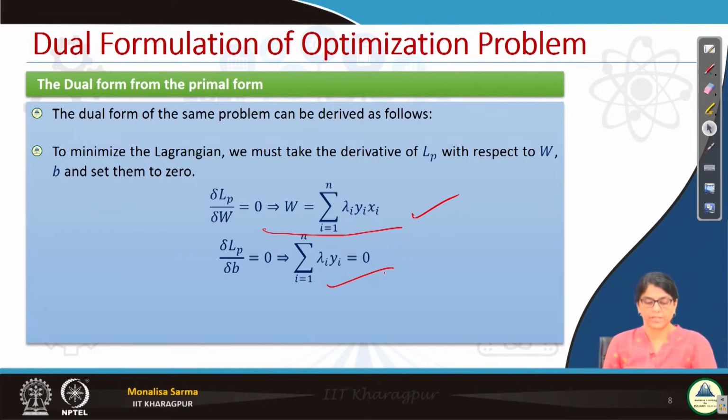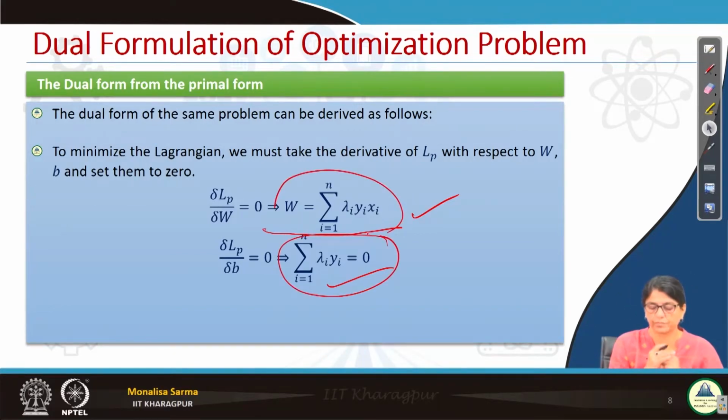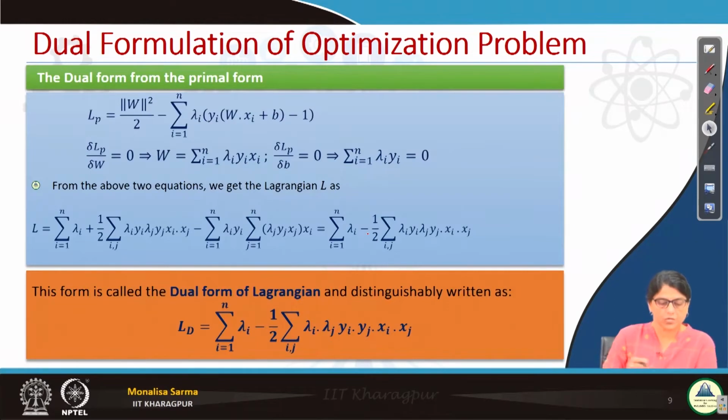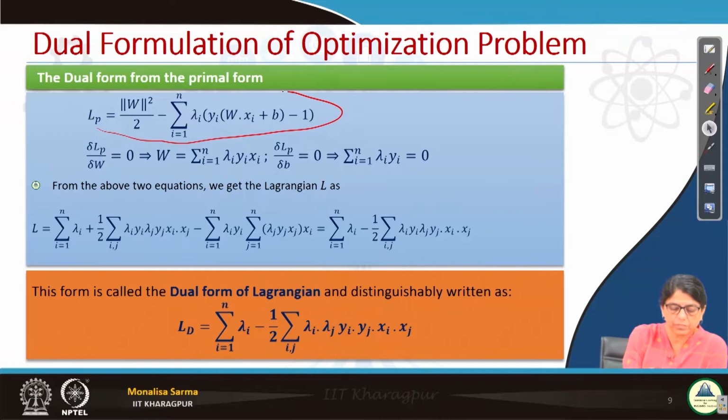Now what I will do is, in my primal form Lagrangian, I will substitute this W value and this value. I will substitute this in my primal Lagrangian form. So this was my primal Lagrangian form.